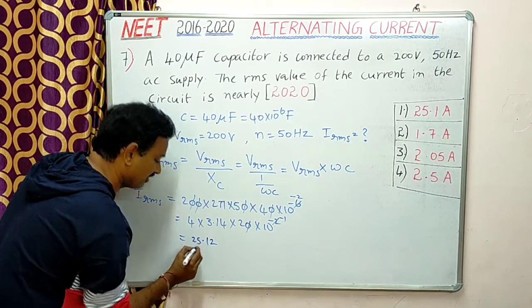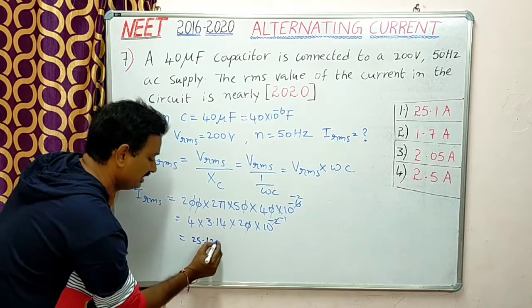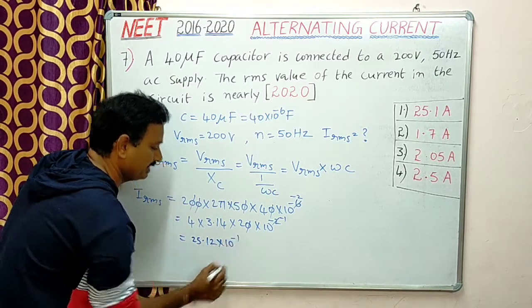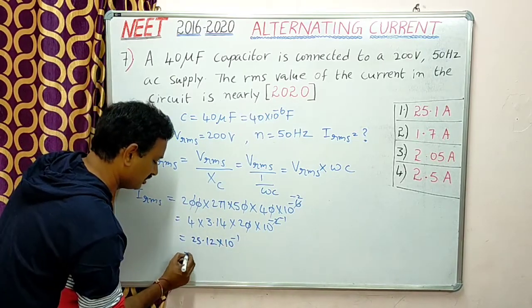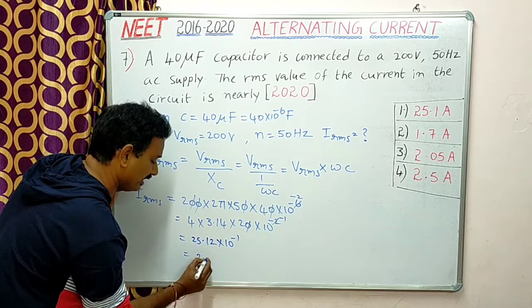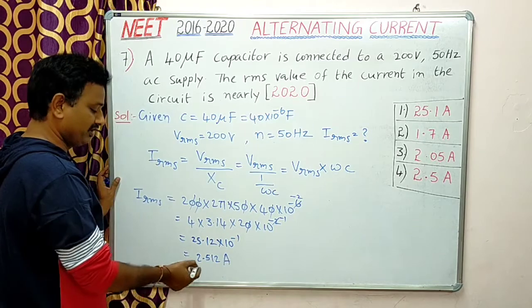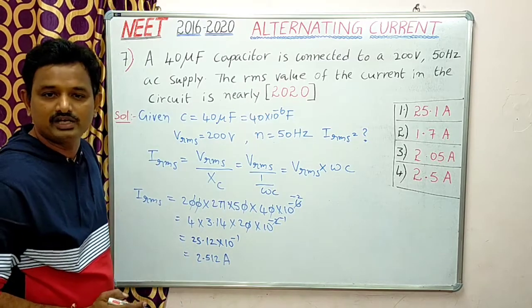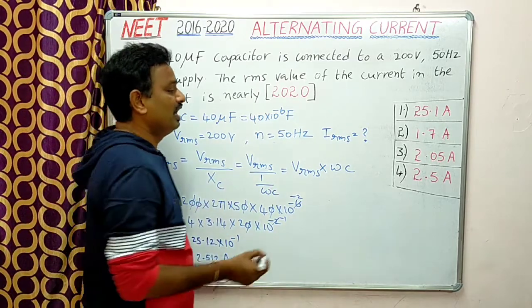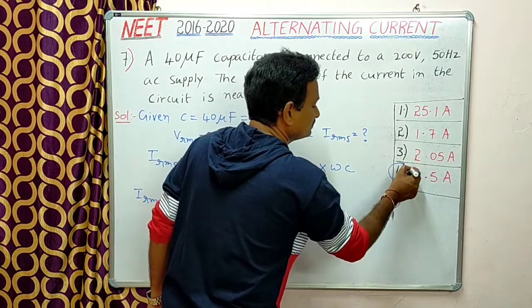So we will get 25.12 into 10 power minus 1. That is equal to 2.512 ampere. So we got the answer 2.512 ampere. If you observe the MCQs, option 4 is the answer.